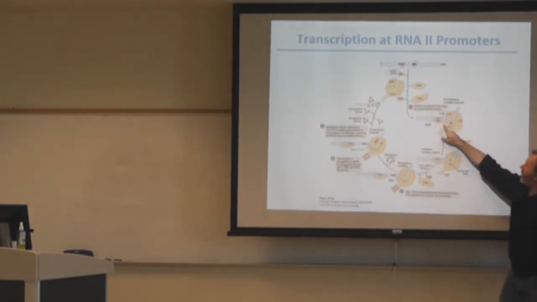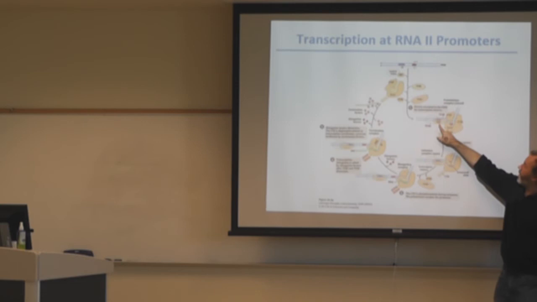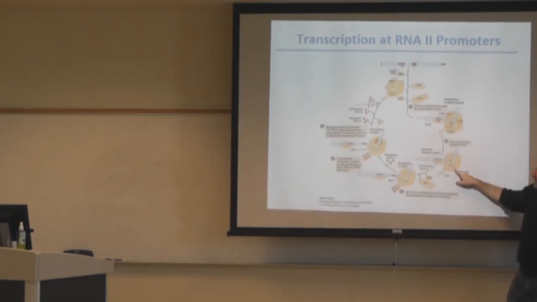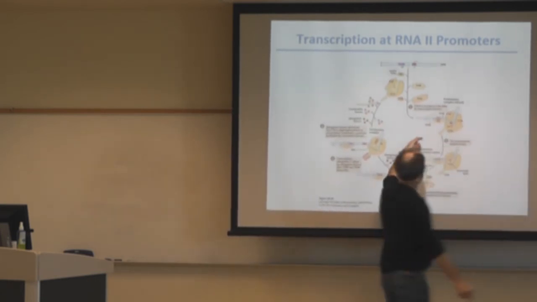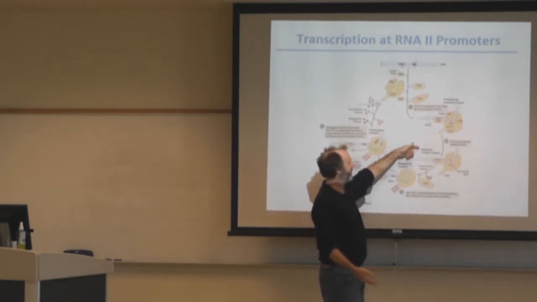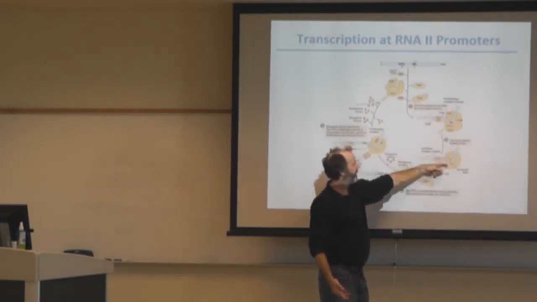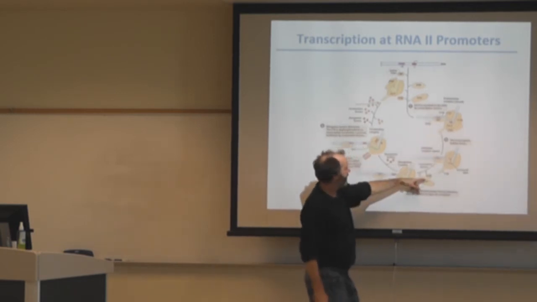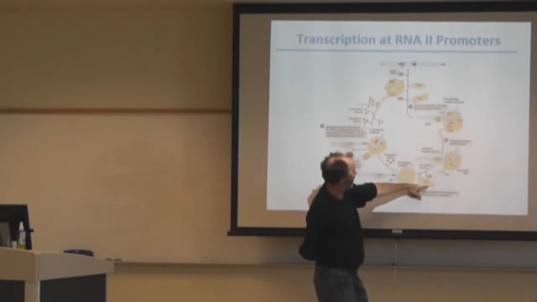And they all form a complex at the top box, which aligns pol 2 at the initiation site. The DNA gets unwound. That's the initiation. You get the initiation complex. It has an open complex at this point, closed complex here. Transcription factor 2E and 2H come off.